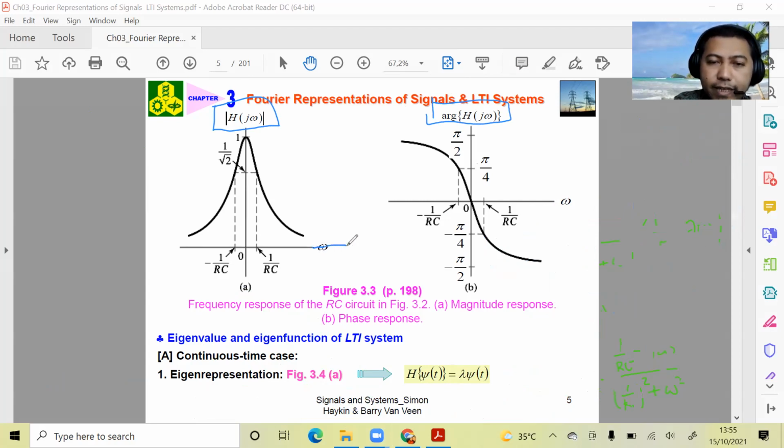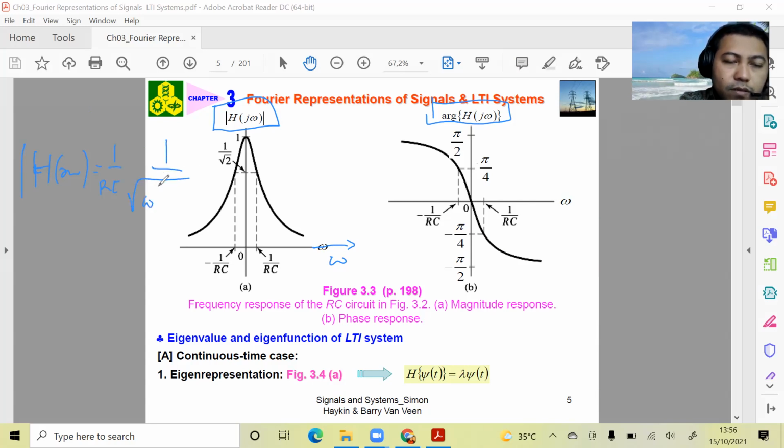And the x-axis here is the omega, because you remember the magnitude itself is a function of omega, right? Square root of omega squared plus 1 over RC squared.